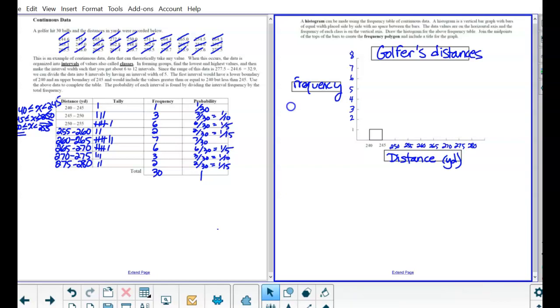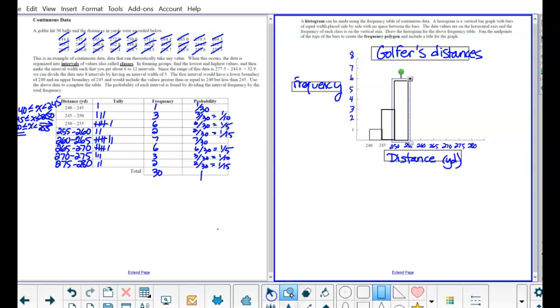Now I need to do my bars. So 245 to 250 is 3. Mine's not going to be perfect, but it'll be close enough. And then 6. And then 2.